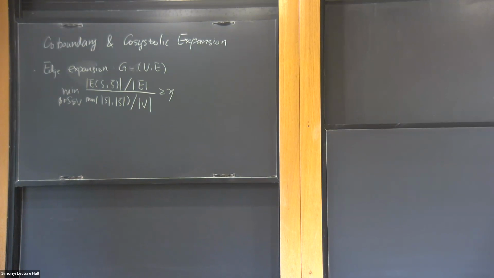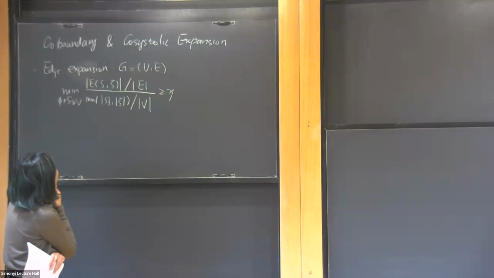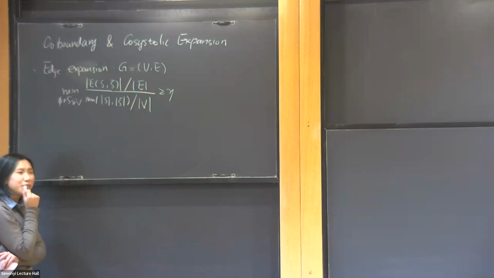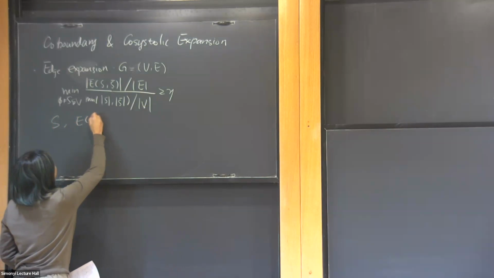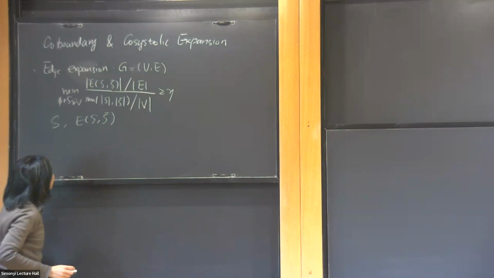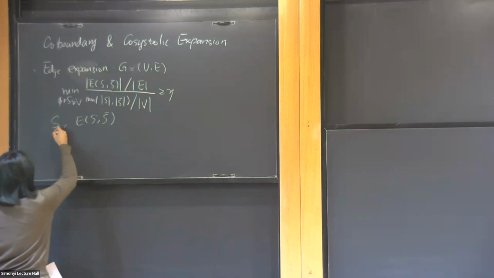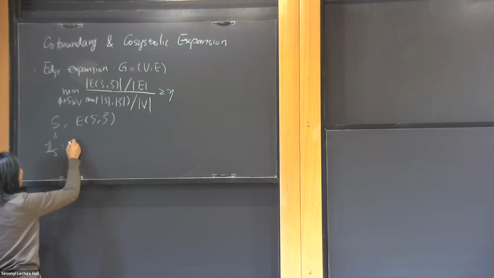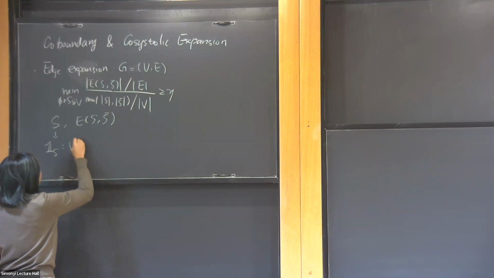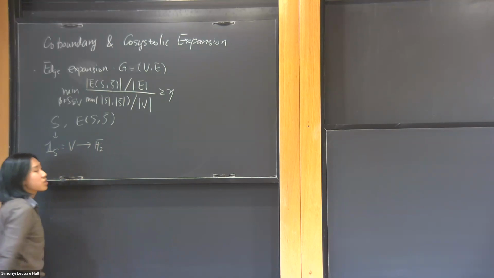Okay, I hope this is clear. But I want to write this condition in a slightly convoluted way. It's probably not strictly necessary for graphs, but it will make it easier for us to generalize later. So instead of thinking about sets S and the cuts between S and the complement of S in the graph, I would like to define this as a function: an indicator function of the set S, which maps vertices to 0, 1.